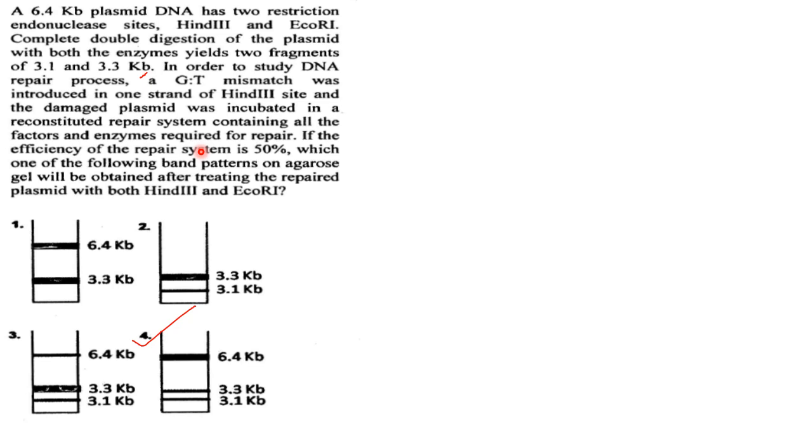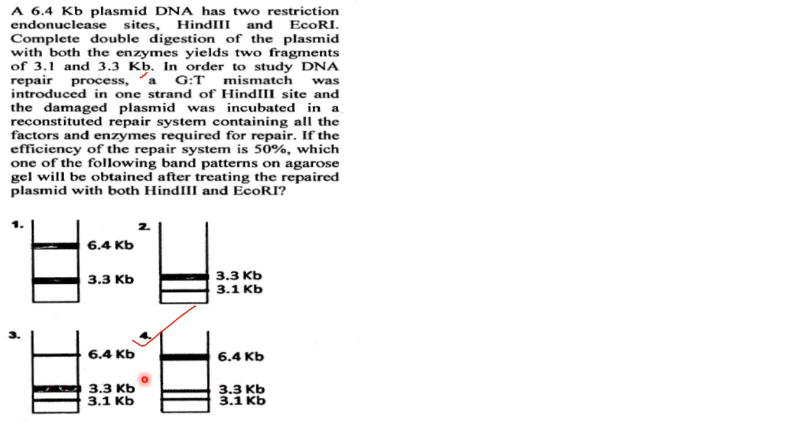So the mutant will give a single band of 6.4 kb. As you can see in options 3 and 4, you will get a band of 6.4 kb each. The mutant will give only a single band corresponding to 6.4 kb, while normal will provide 2 bands of 3.3 kb and 3.1 kb. So you will get 3 bands in an agarose gel. Now we can see that options 3 and 4 are correct, whereas options 1 and 2 are not correct.